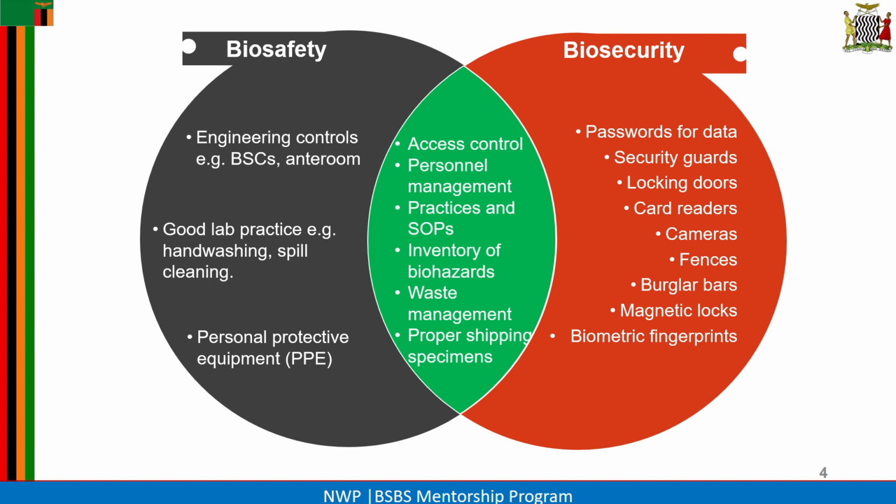Another example is inventory of biohazards. If you have an inventory of your biohazards, it means that you have proper accountability of your biological agents, and therefore if someone was to steal or divert any of these biological materials, you would know, and therefore the inventory is acting as a biosecurity measure.